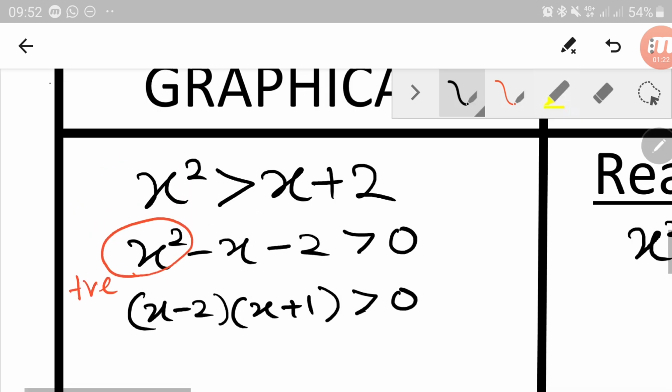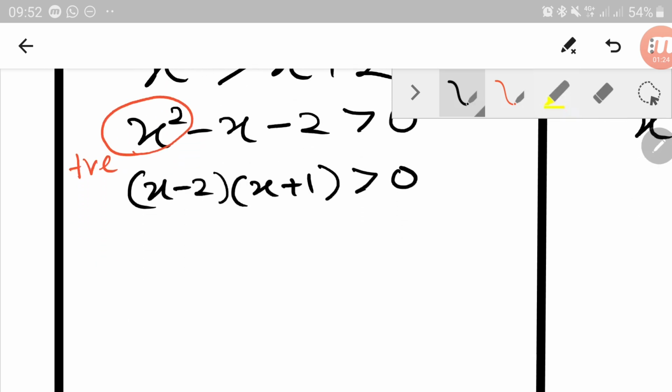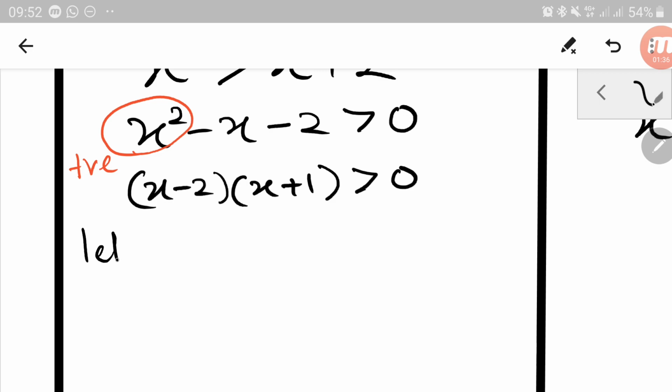Now for the graphical method, we need to know where the roots are. So we need to assume that we are solving a quadratic equation. That's why we let everything equal 0 instead of the initial problem, greater than 0.